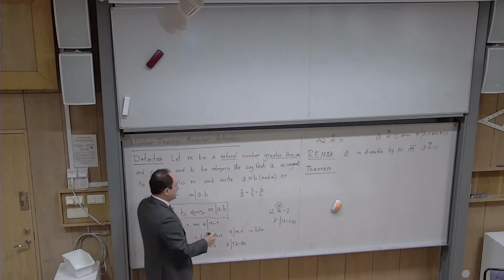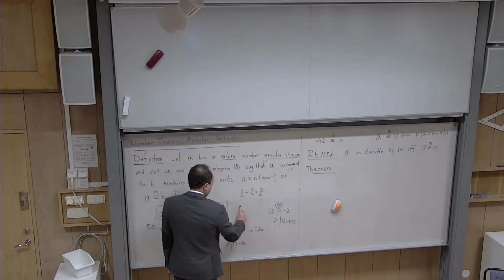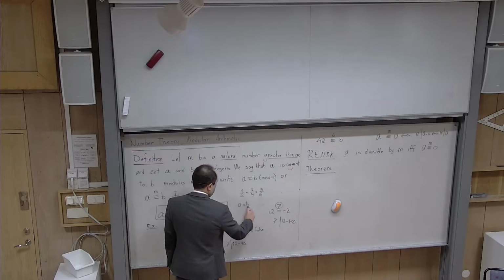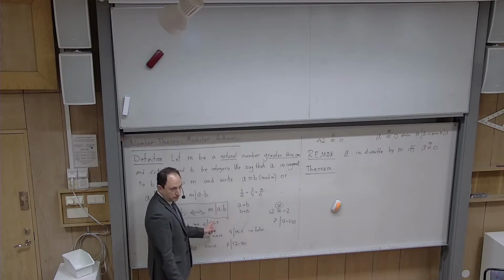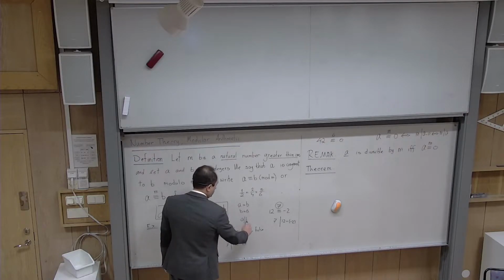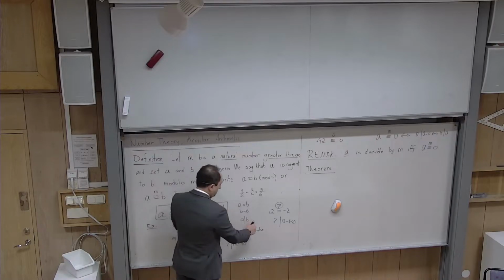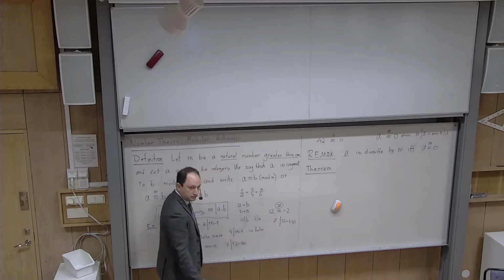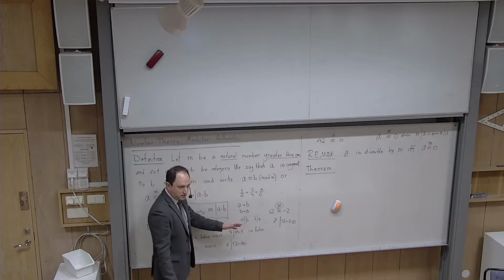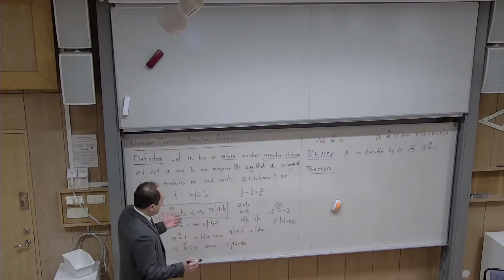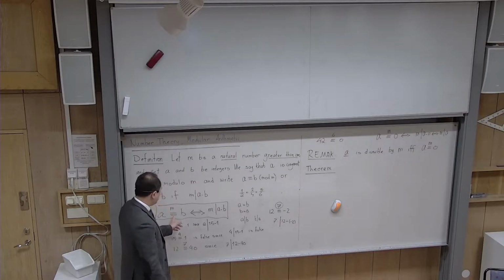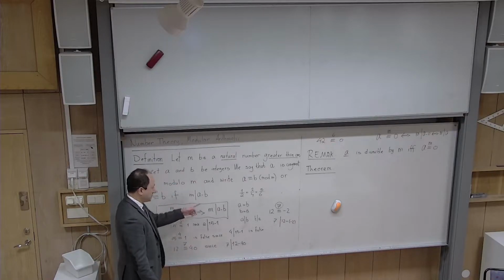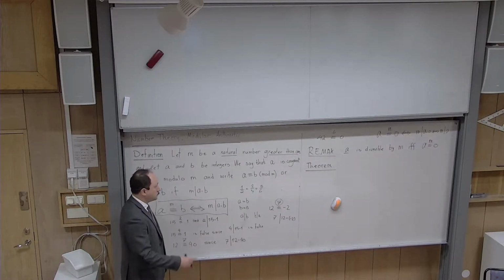For example, in equality, if a number a is equal to b, you can conclude that b is also equal to a. But this is not the case for this symbol. If a divides b, there is no guarantee that b also divides a. So this is not symmetric. You see a symmetry here. Yes? So this means that it is harder for our brain to work with this symbol rather than this symbol, because this symbol will mainly enjoy all the properties of equalities that you expect. Okay, let me just list them here.